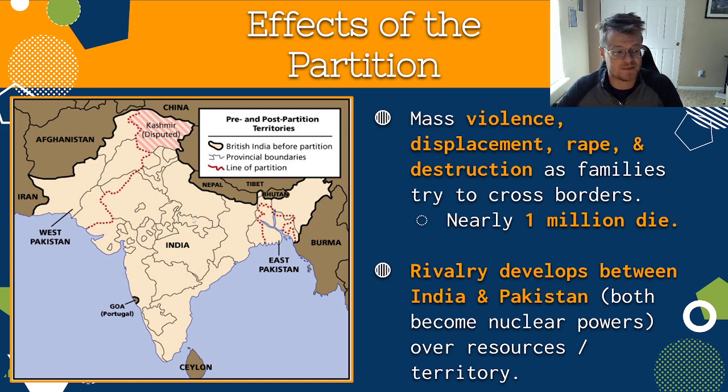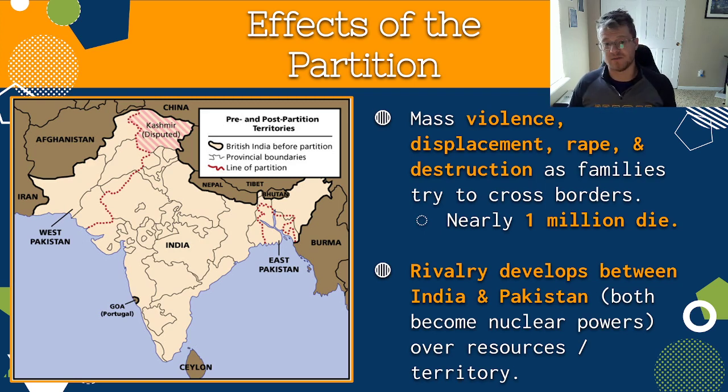So when the British make this decision, Lord Mountbatten is the guy in charge of this, he shows up in the fall of 1947, and all across the country there are massive waves of spontaneous violence, huge amounts of displacement of people, the rape of nearly 100,000 women by some estimates, and just destruction as families and people are desperately trying to get themselves onto the correct side of whatever border they should or should not be on.